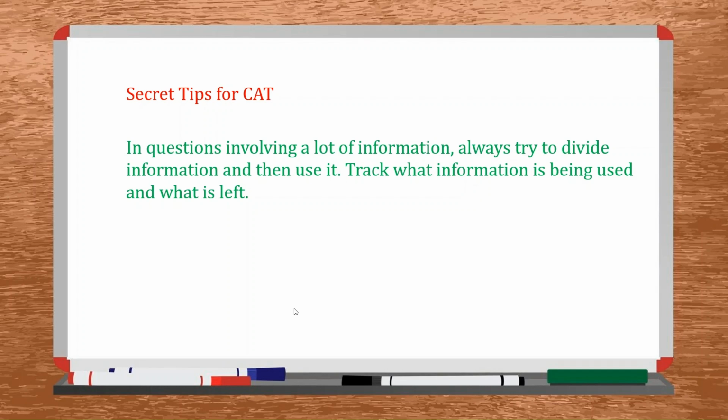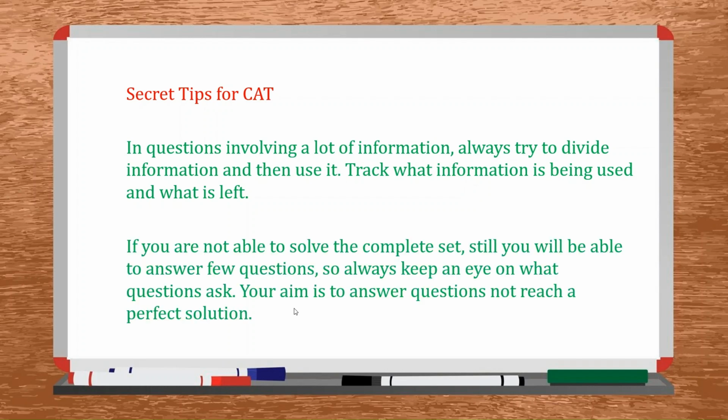And also always try to track what information you have already used and what information you are yet to use. That will help you focus on what next set of values you want to find from the given problem. If you don't keep track, you will get confused again and again, and that will take more time to solve the problem.